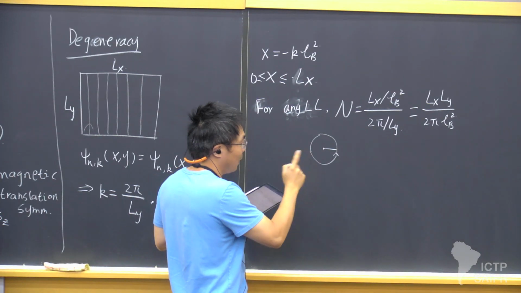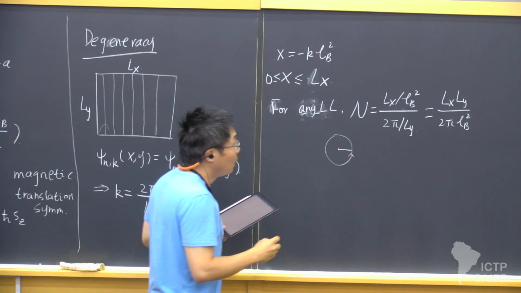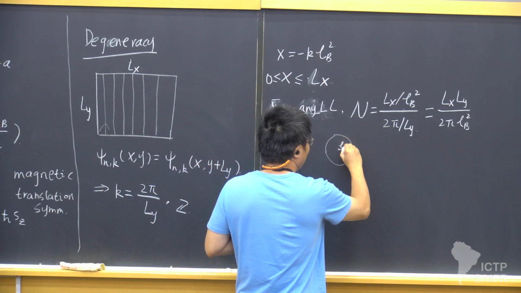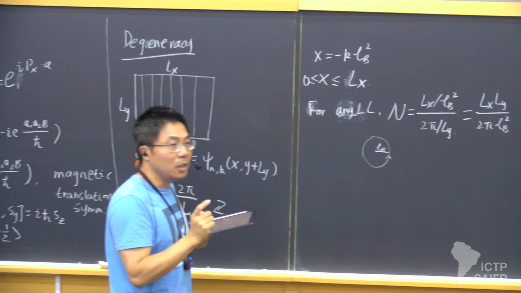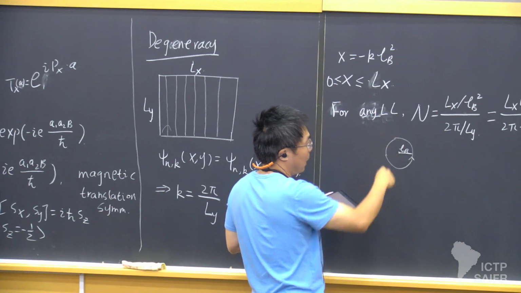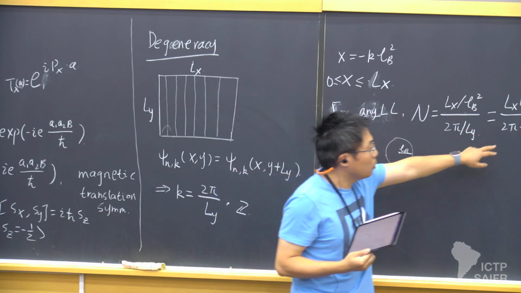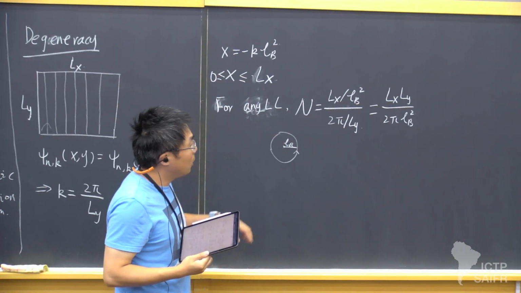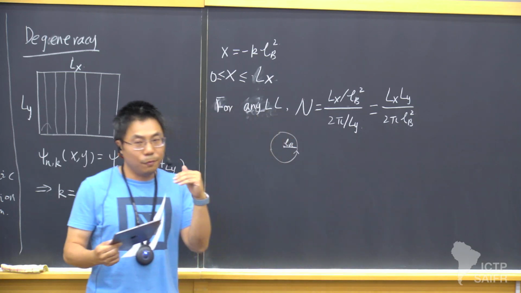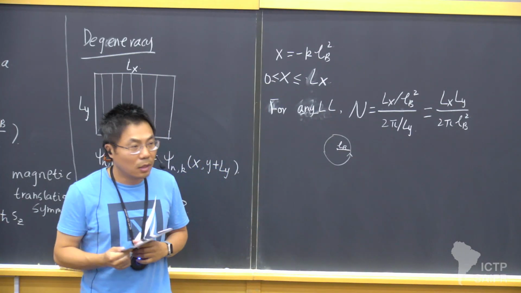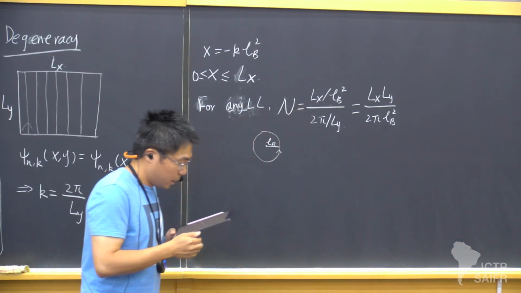Classically, if you have electrons moving in a magnetic field, they will just do self-orbiting. The radius of this orbit will be LB, and then the electron will occupy an area of 2 pi times LB square, and from this you know how many electrons you can fit in one Landau level. That's one physical meaning of this magnetic length.